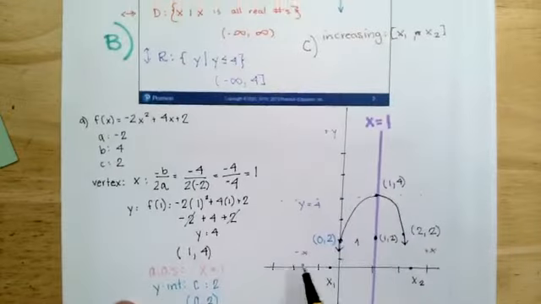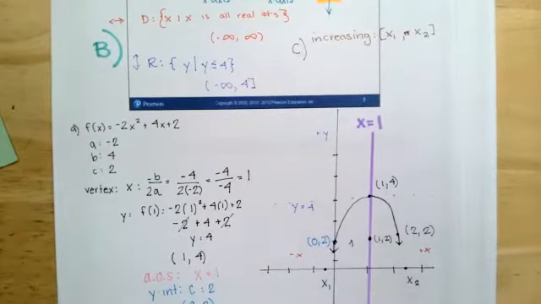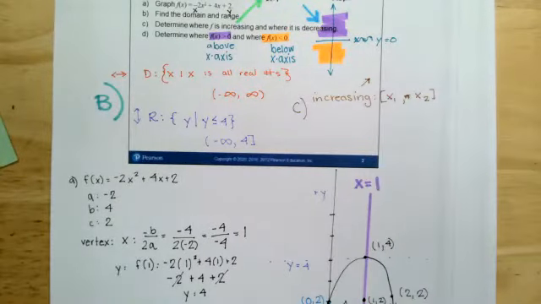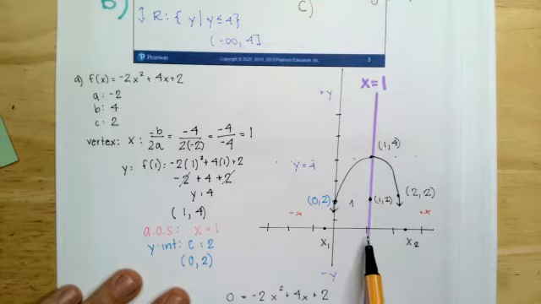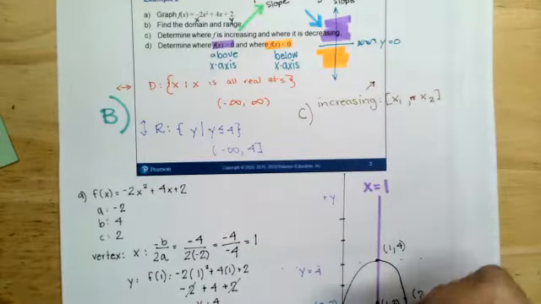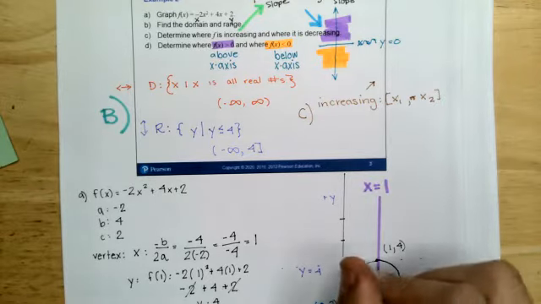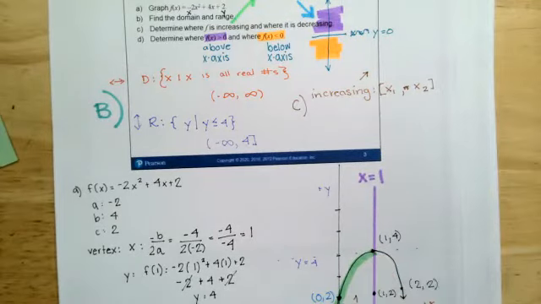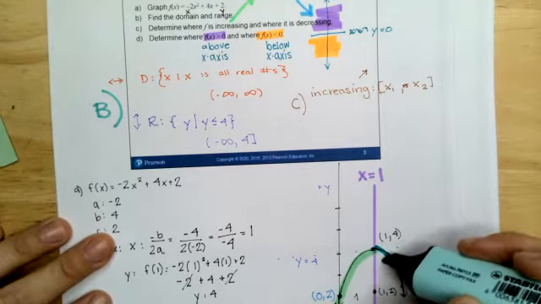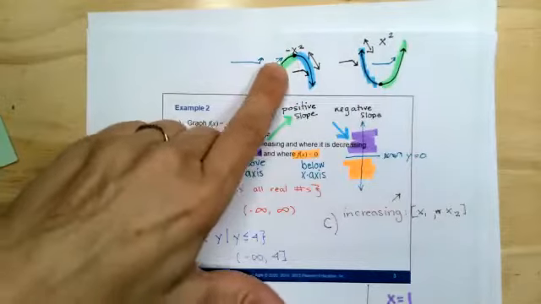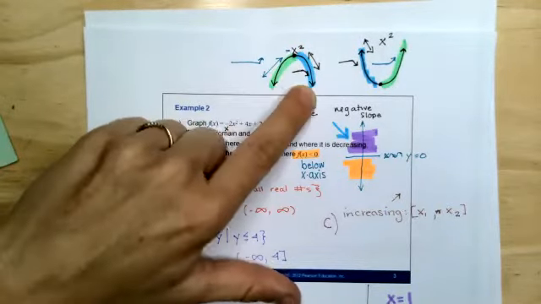Only on the x-axis. Remember that increasing means it's going up. It's going to change direction right here. It stops going up and it starts going down, just like this one does. It goes up until we get to the vertex and then it starts going down.